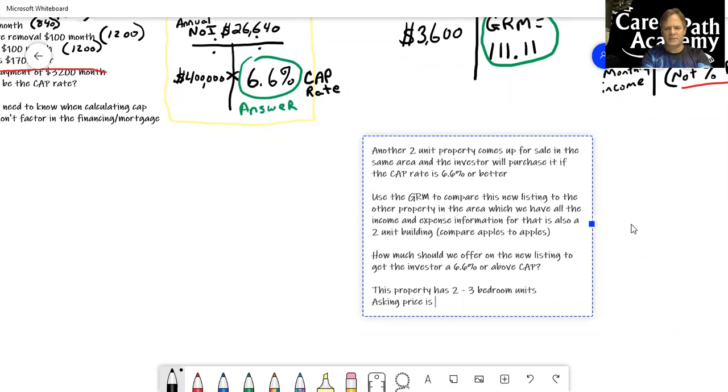Asking price is, who cares? We don't know the income and we don't know the expenses on it.